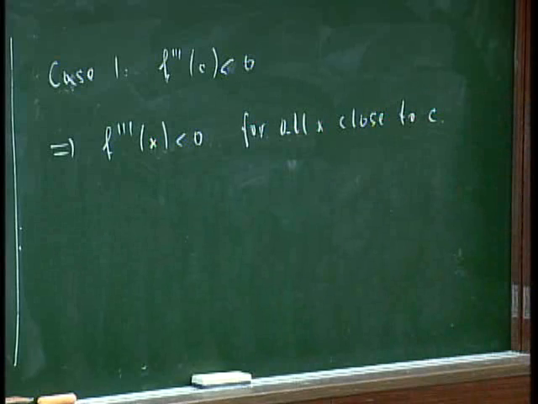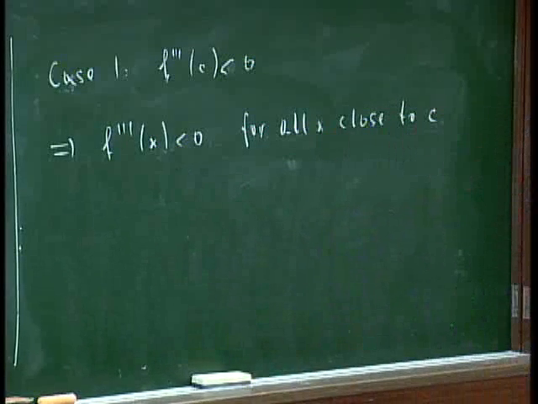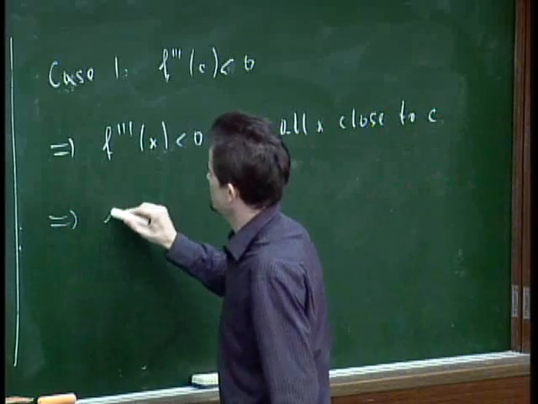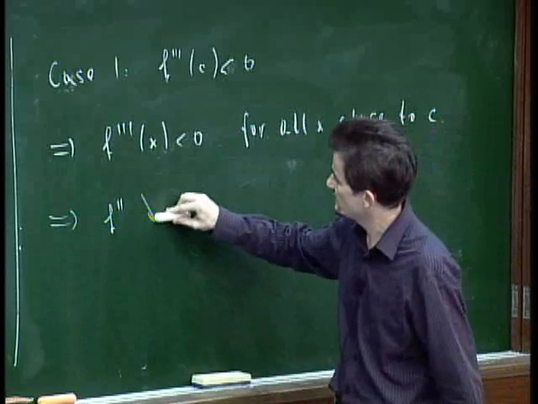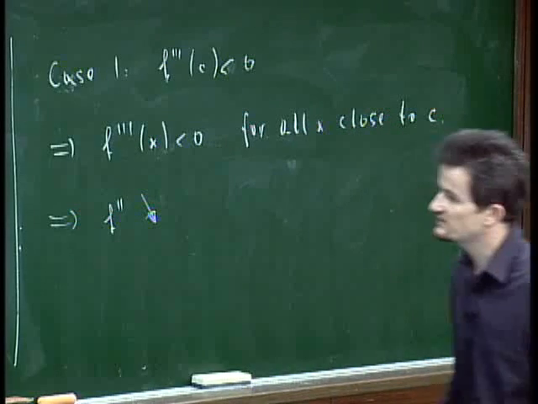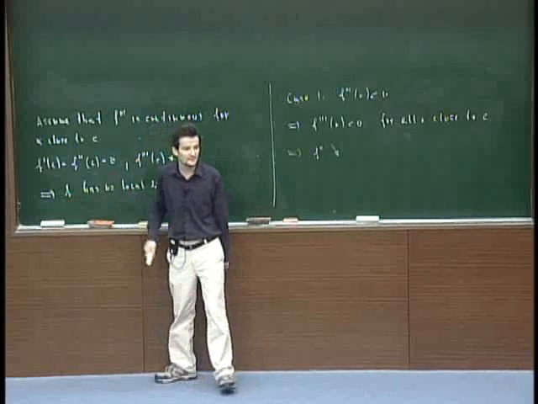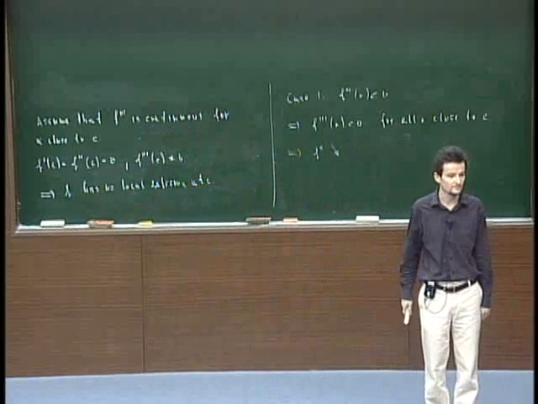Now from the increasing/decreasing test, I know that the second derivative is decreasing. But the second derivative at c is equal to 0, so I certainly have a sign change from positive to negative.